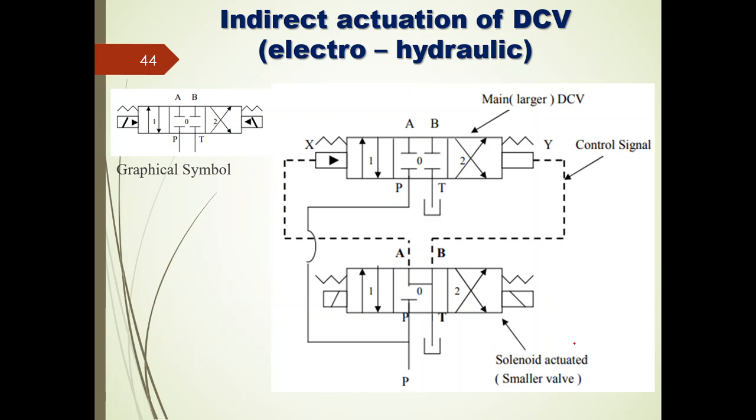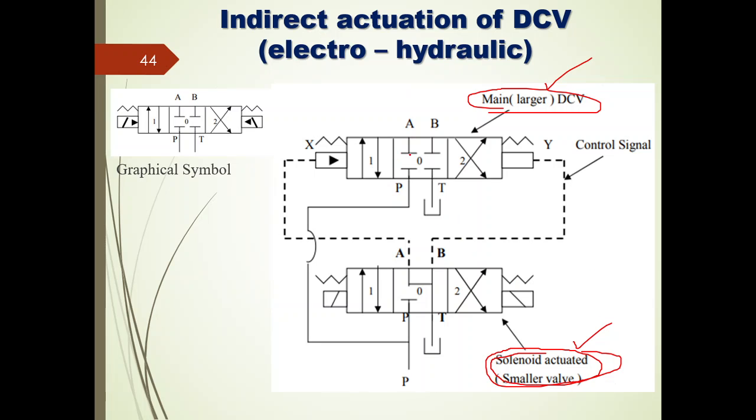And the last one is the combination of the hydraulic as well as the electric one, right? So this is the main or the larger direction control valve, and this is the solenoid actuated or the smaller valve, right? In order to actuate the main direction control valve, I will be using another direction control valve, right?